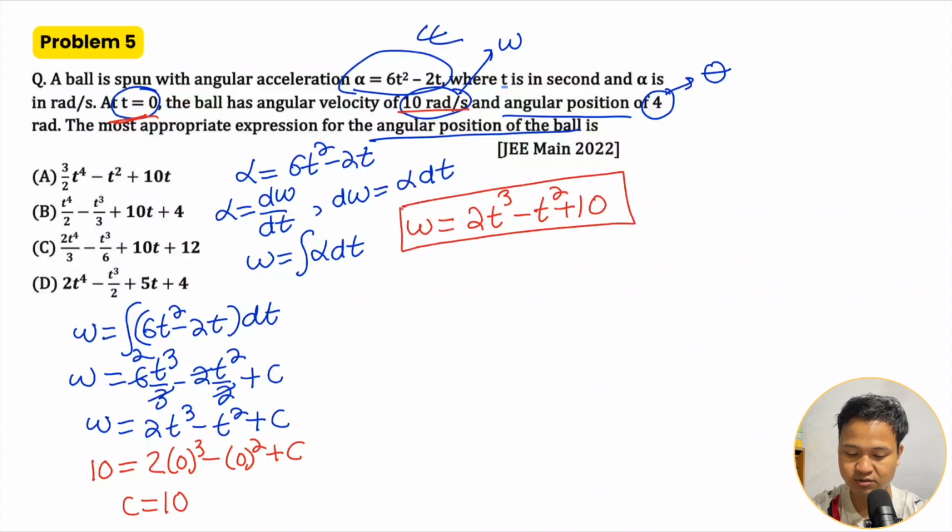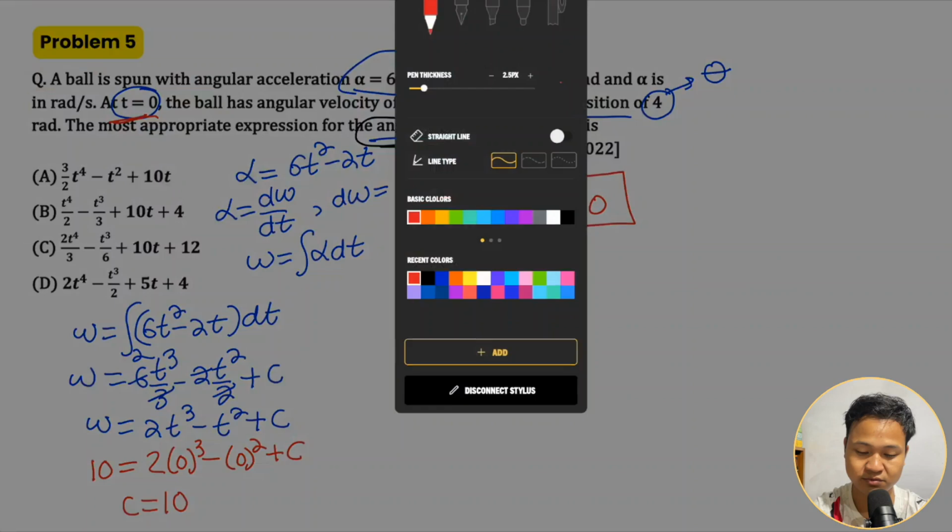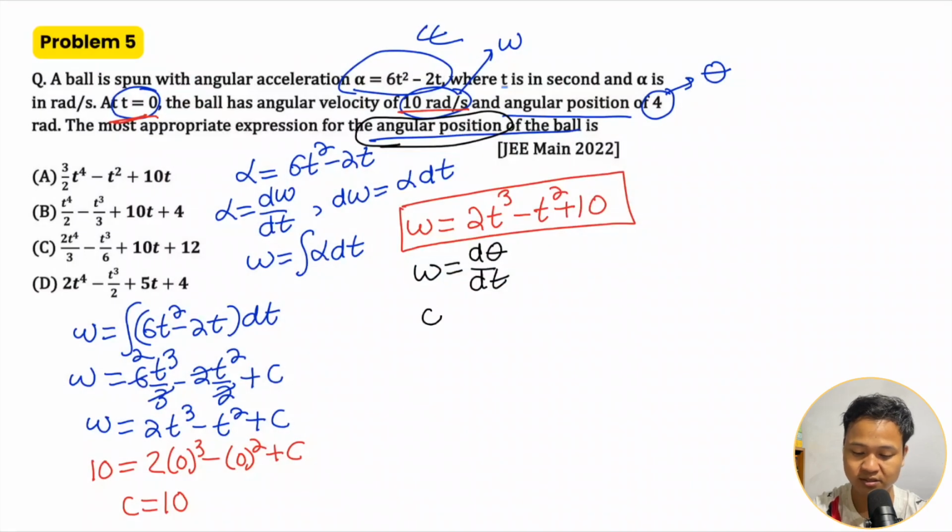That is the angular velocity. But the question asks for angular displacement, the position. So we use the omega to theta relation. We know that omega is equal to d theta by dt, so theta is equal to integral of omega into dt.